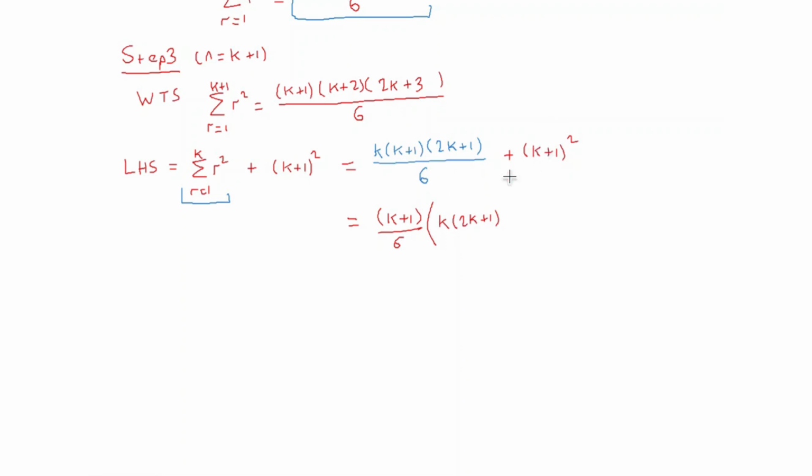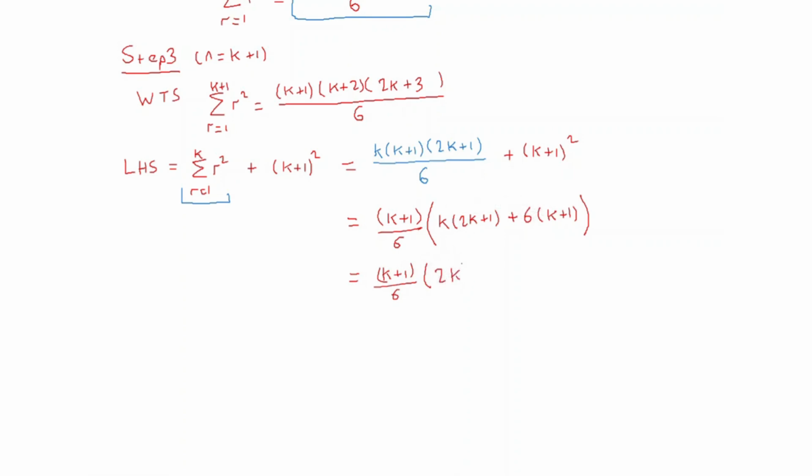And here, I've got a k plus 1 over 6, and I need a k plus 1 squared, so I need an extra k plus 1. And I also need to multiply that by 6, so that those 6s will cancel to give me just one of those k plus 1 squareds. So I've got k plus 1 over 6 out the front, and then a bracket. And now I'm going to expand and simplify.